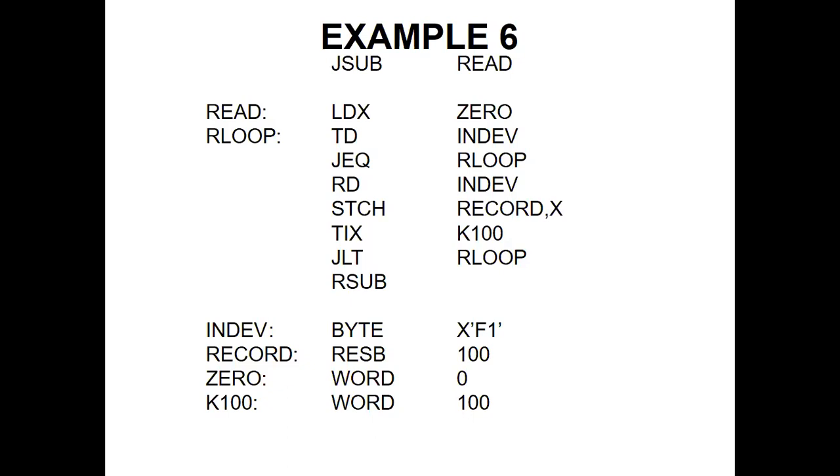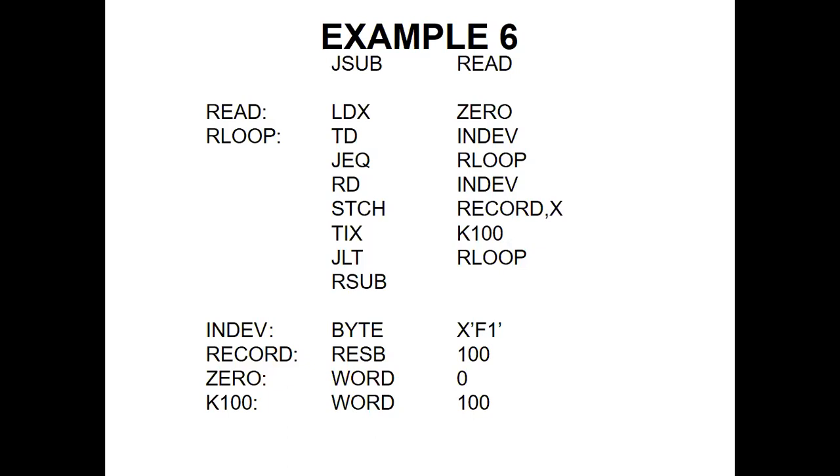And the error loop, like you see, that is when you test again the input device, because it means you are going to input the second character. You test again. If equal, you test again. If not equal, then you read the input device. Okay, that means you get the second character, which this time you store in record 1.